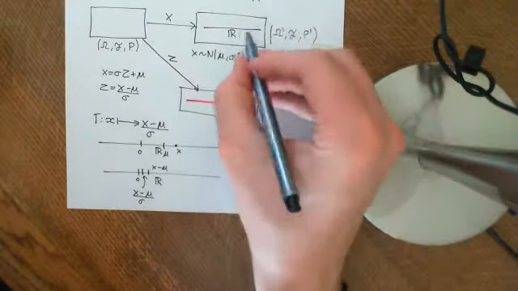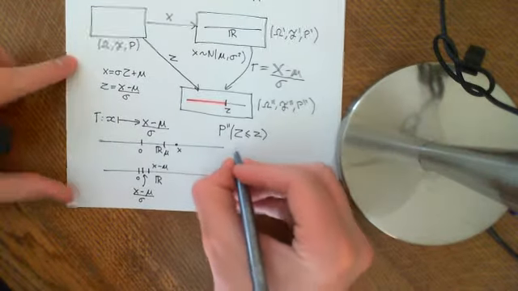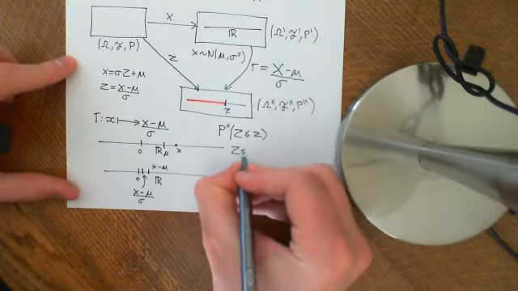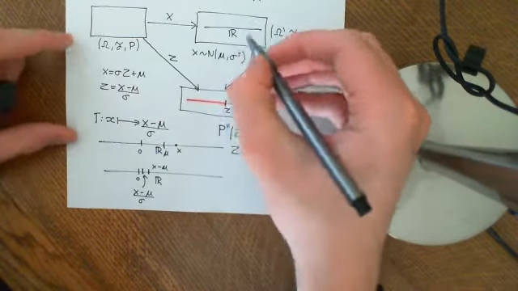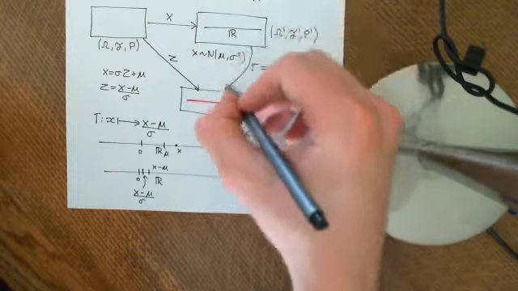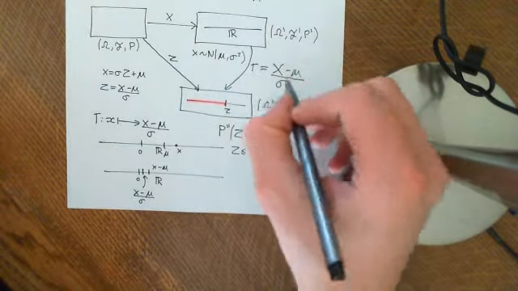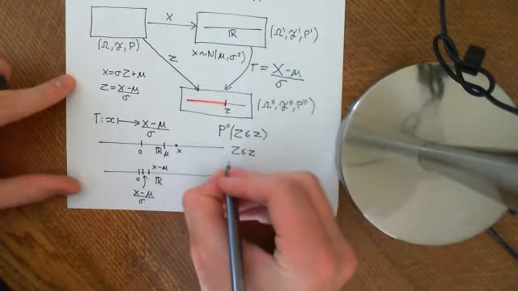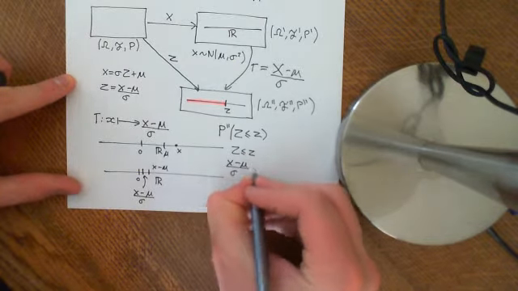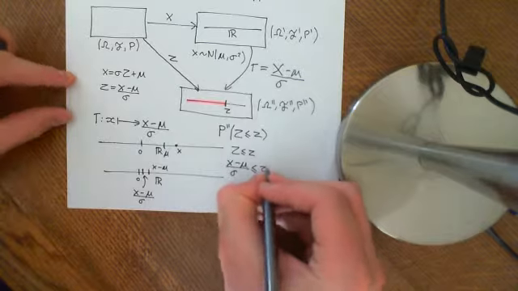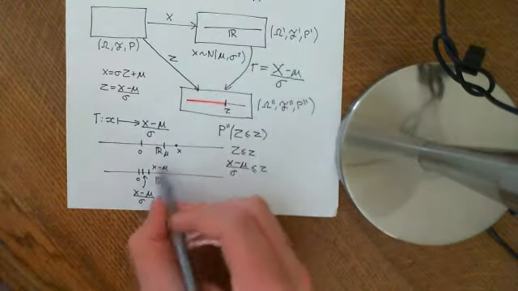So I want that as a corresponding event back here. This event, Z less than or equal to z, has a corresponding event back here, because this is linked to here by the transformation T. So this is the event that X minus mu over sigma is less than or equal to z, because that's how you are mapping points onto here.